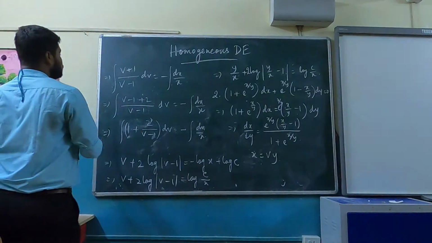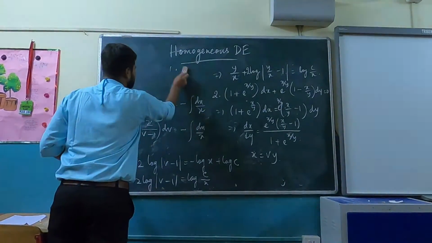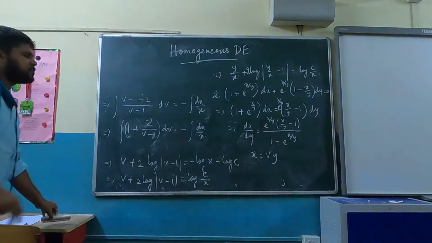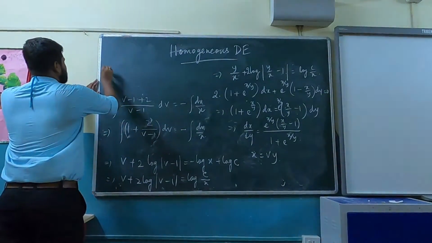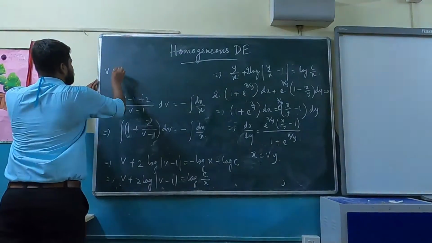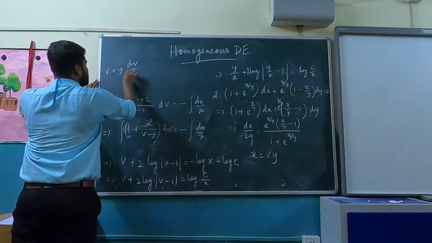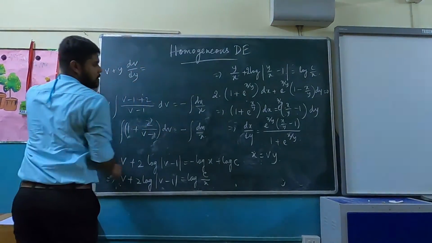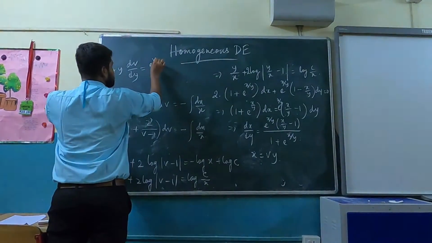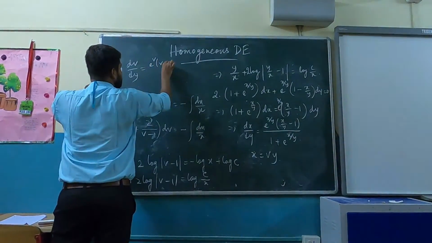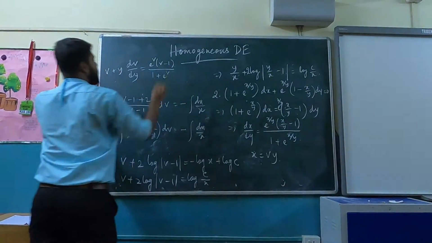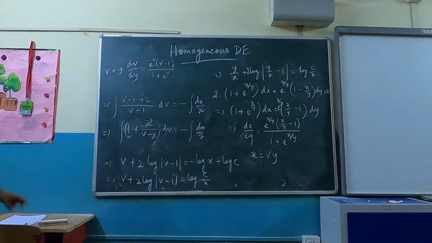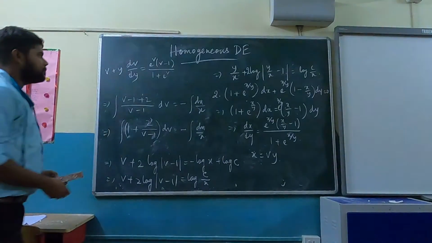So if we do so, v plus y dv by dy equals e to the power v minus 1 by 1 plus e to the power v. Right?